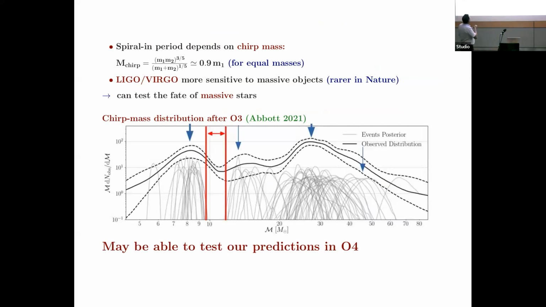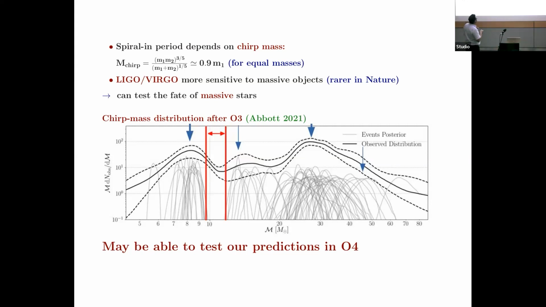And of course, LIGO has done this. Moreover, LIGO is sensitive to more massive objects, so it's particularly sensitive to black holes. And this is what they published after the third science run. For this figure, please ignore the solid curve. That's probably not meaningful.